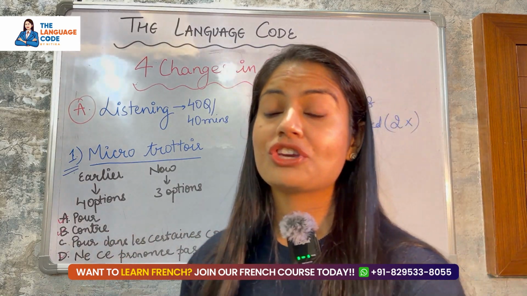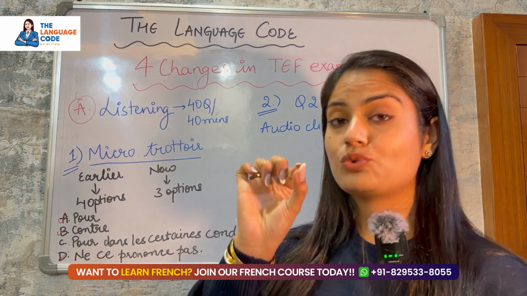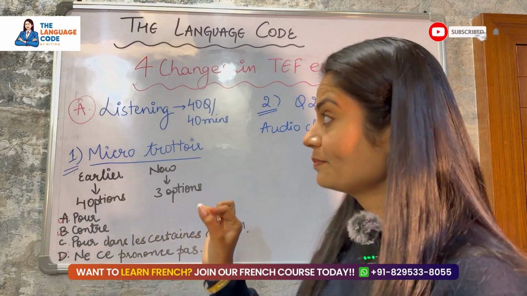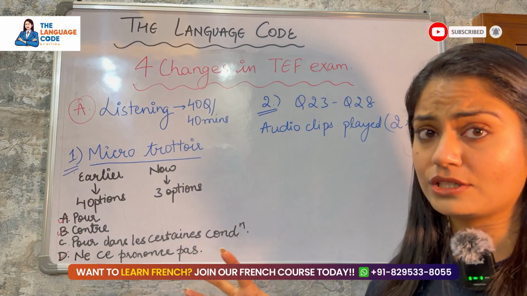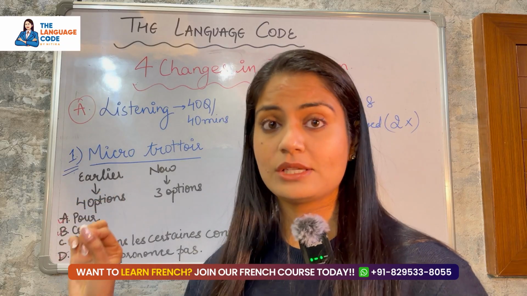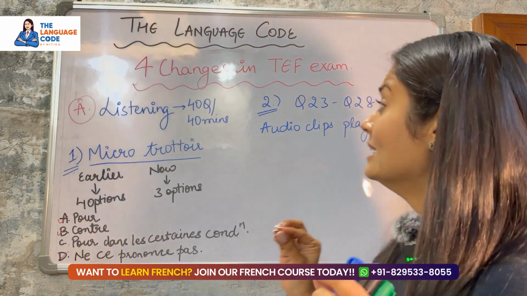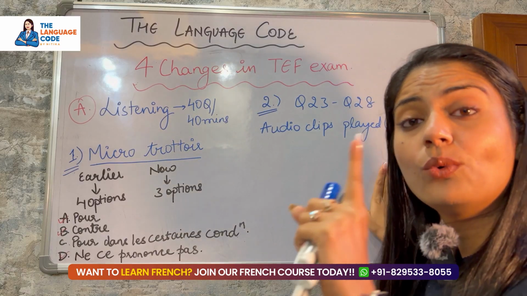The next major change in the listening section is that from question number 23 to 28, which is again a street interview, the audio clips used to be 1.5 to 2 minutes. They used to be long audios and they used to play only once.